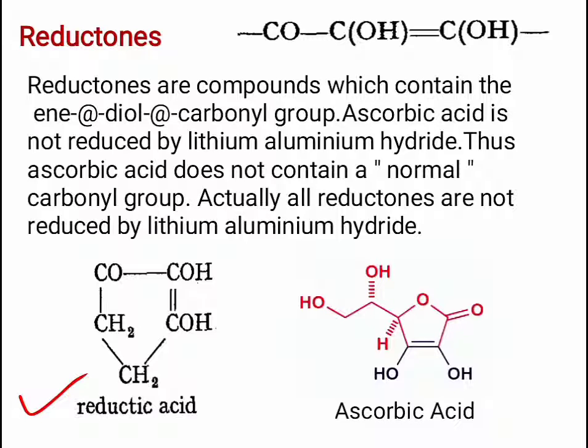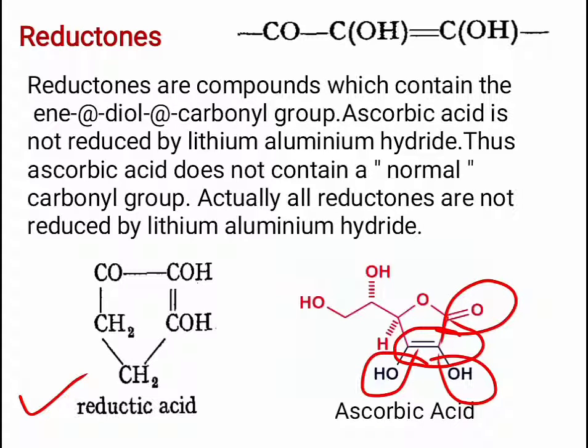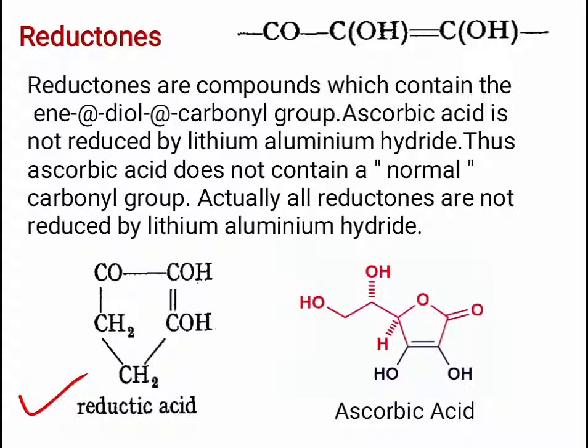This is the structure of reductic acid, which is also a reductone. Reductones means you have a carbonyl group, and the alpha and beta carbons are double bonded and contain two hydroxyl groups. See, this is the ketone group.